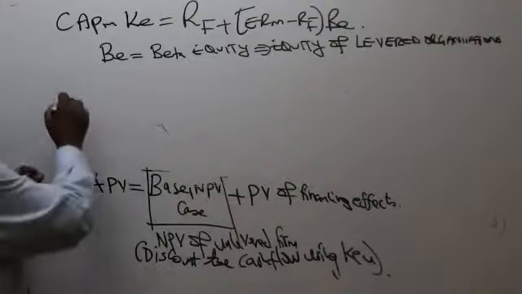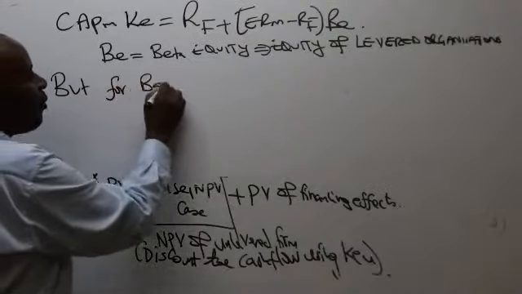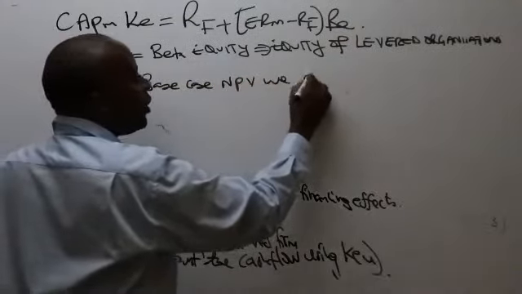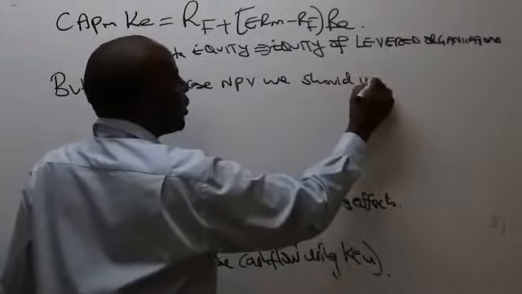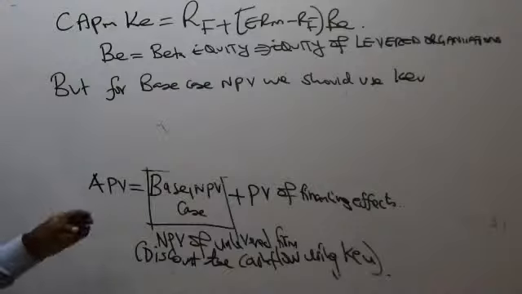But we have said that for base case NPV, we should use KU. For base case NPV, ladies and gentlemen, we should use what we call KU.